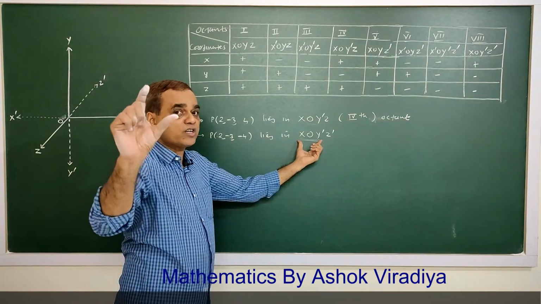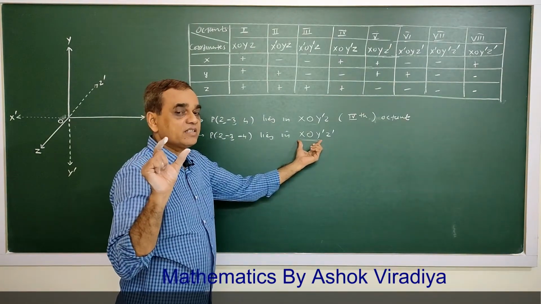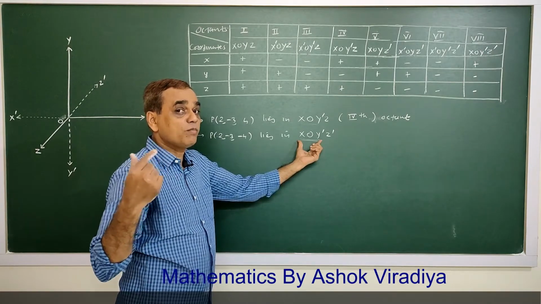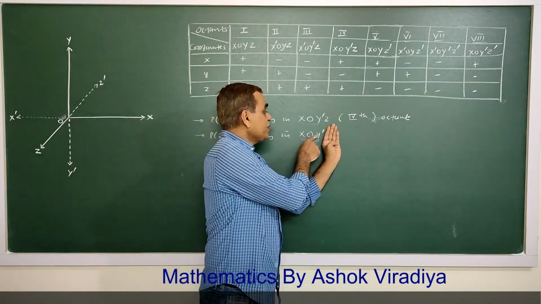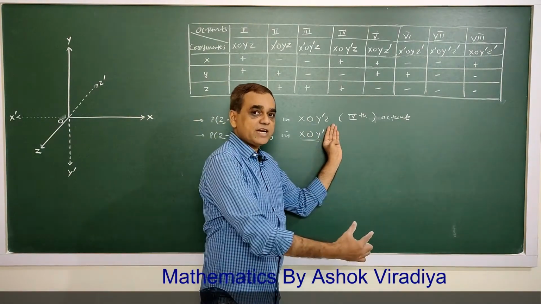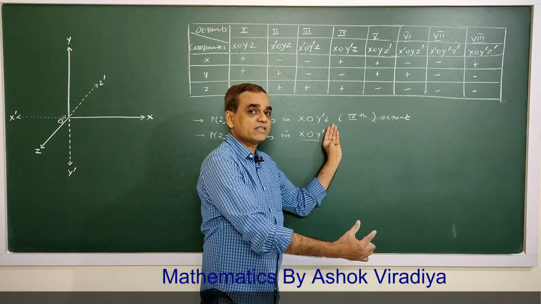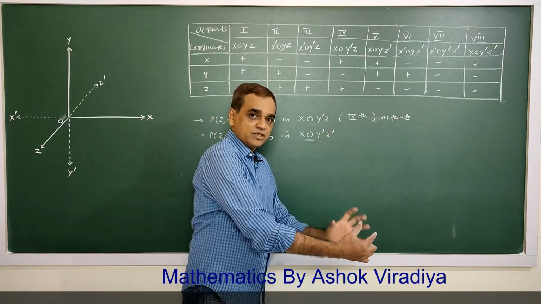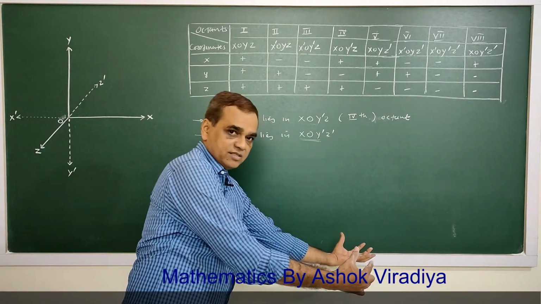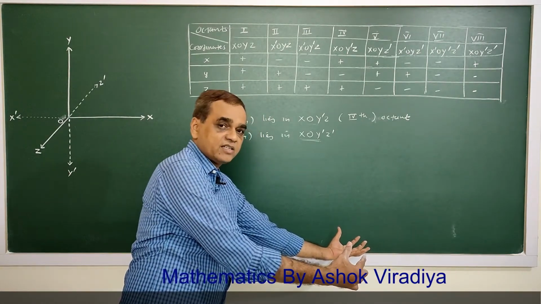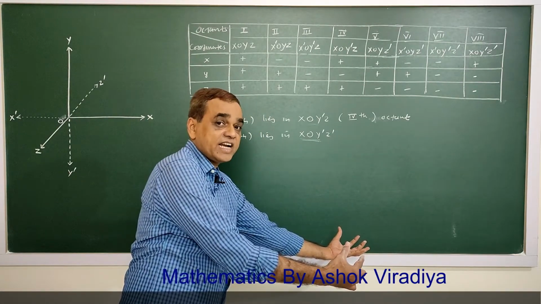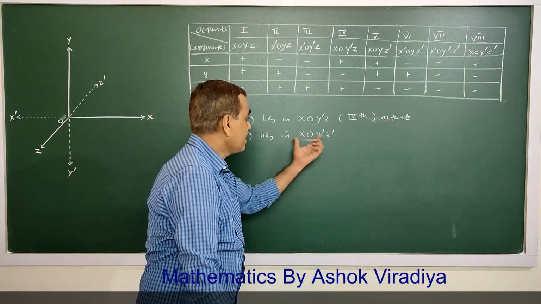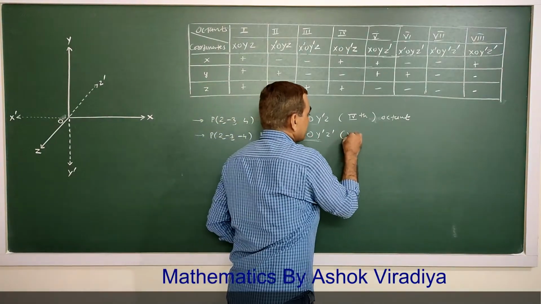To remember the octant, take help of quadrant. Quadrant is related to plane. So x positive, y negative means the fourth quadrant. Now z dash, so take the back side. So the back side, that is the eighth octant. It lies in the eighth octant.